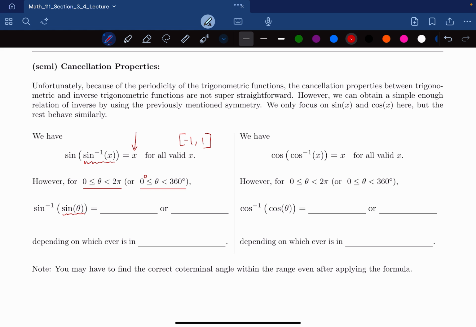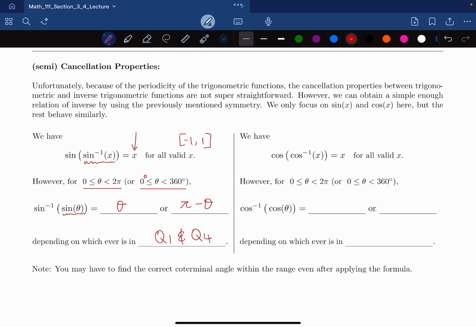Basically, using the previous formulas, we're either working with theta or pi minus theta. And the choice is because whichever one is in the output of sine inverse, which is either in quadrant 1 or quadrant 4.